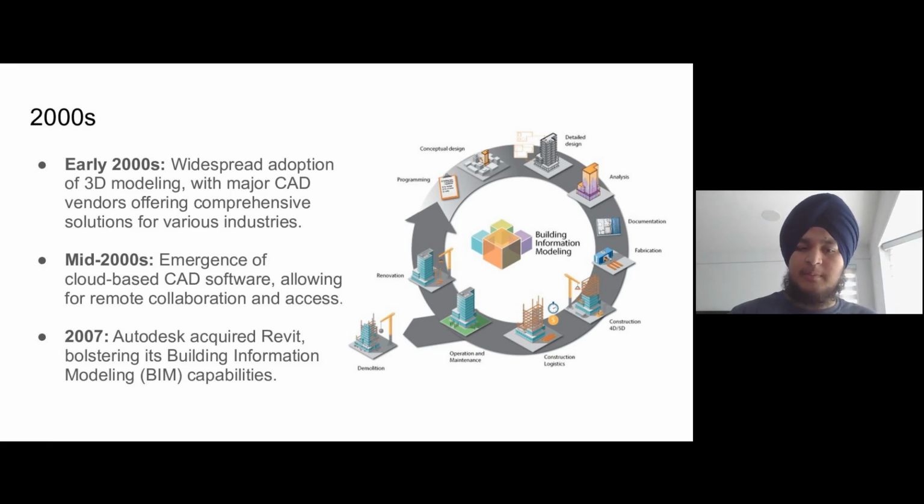Basically, as shown by this diagram, Autodesk allowed companies to first program the design, and then create a conceptual design. So they first map out a very generic looking building and see if it works in the city landscape that it is present in.